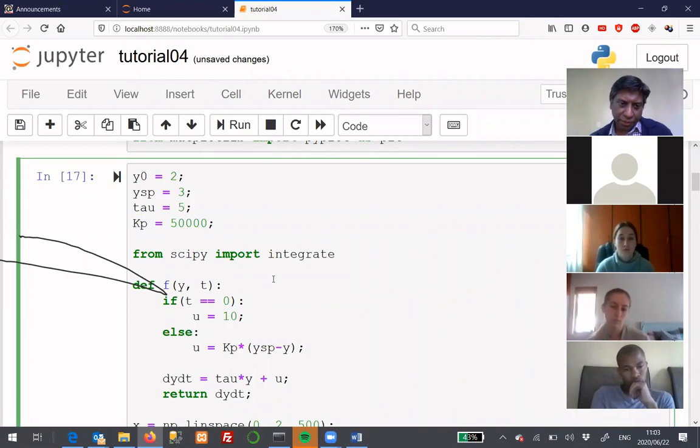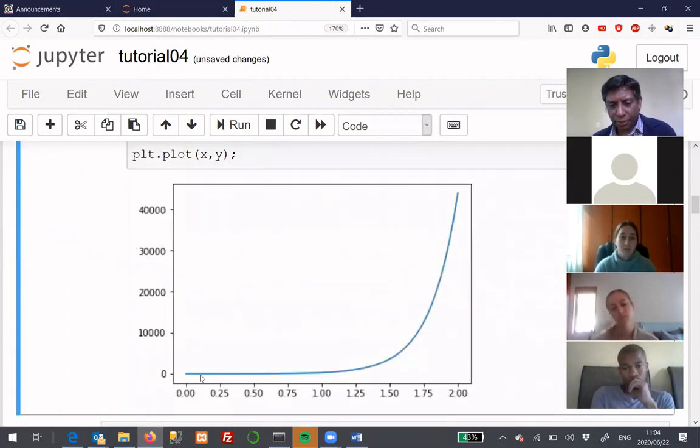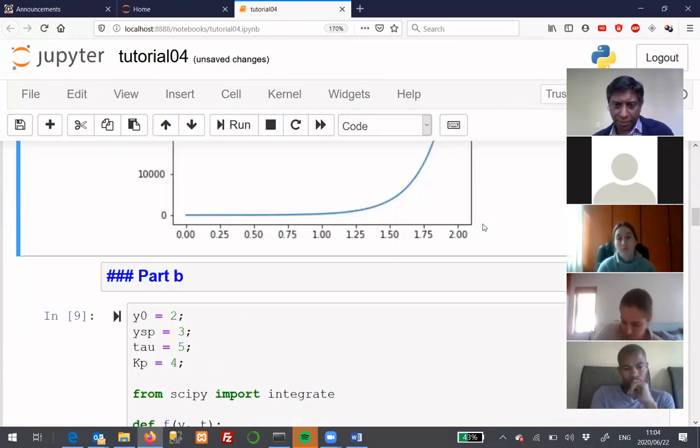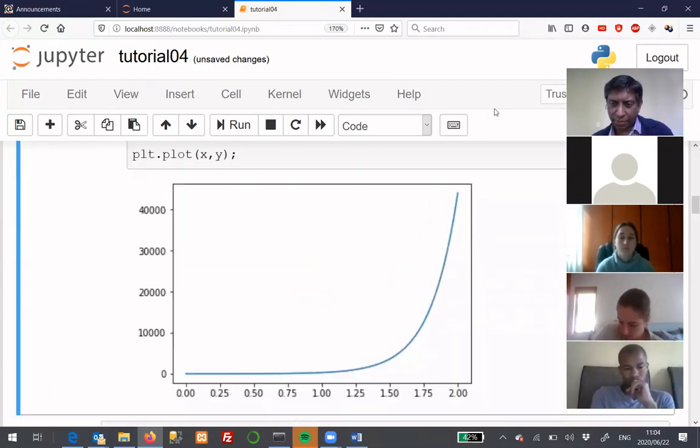And let's not use any control to begin with, and let's see what this does. So here you can see if you don't use control, this process is going to run away. And even after 2 seconds, it's gone up to 40,000. And of course, if we increase the time range there, then as t increases, this goes off to infinity, right? So this process is inherently unstable.